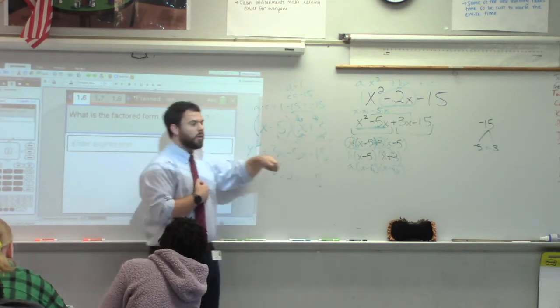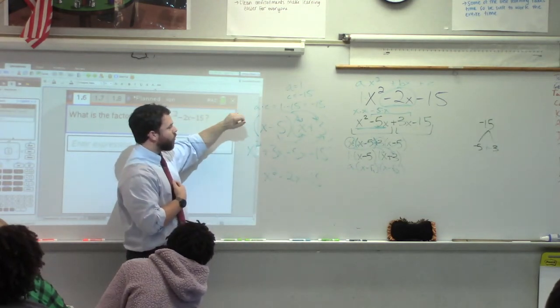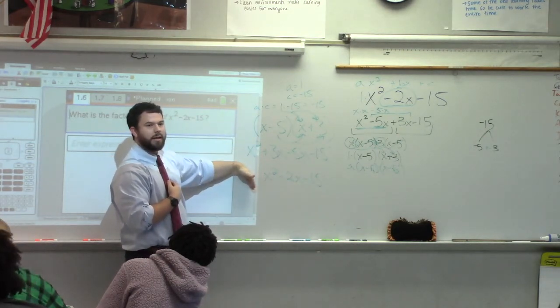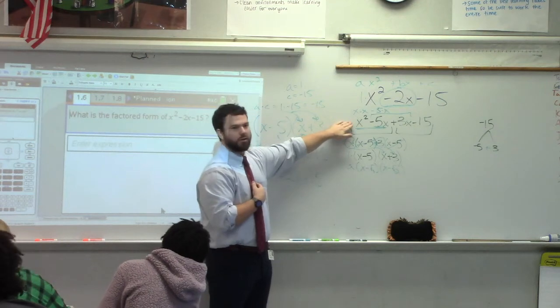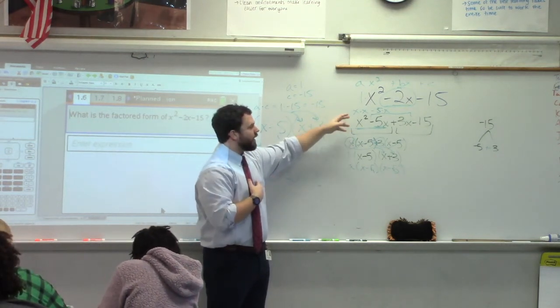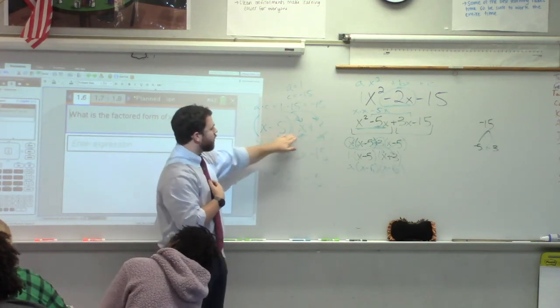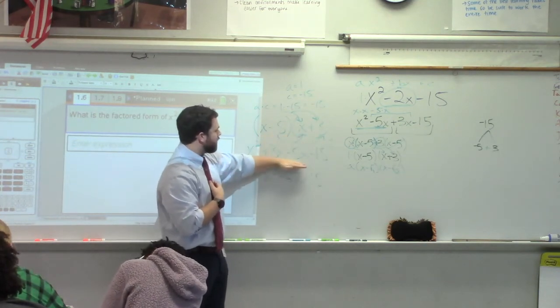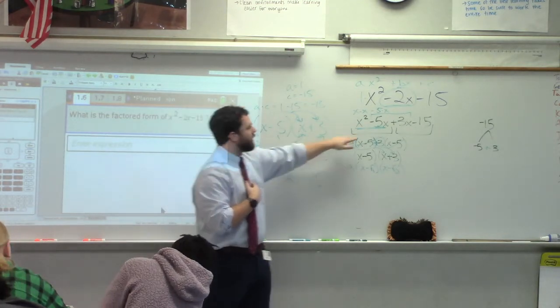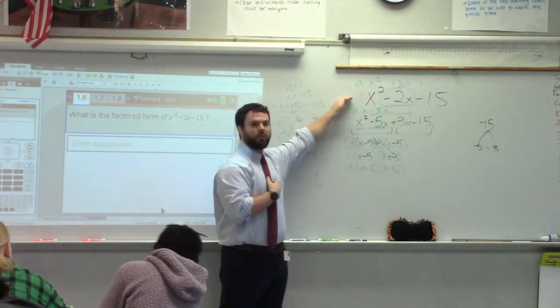So when we factor, we're reversing that idea of distribution. That's why we're getting these 4 terms, and that goes back to your question, Max. Where did that negative 5x come from? When we distribute, we get 2 different terms with just an x to the first. So we're trying to get back to that from the standard form.